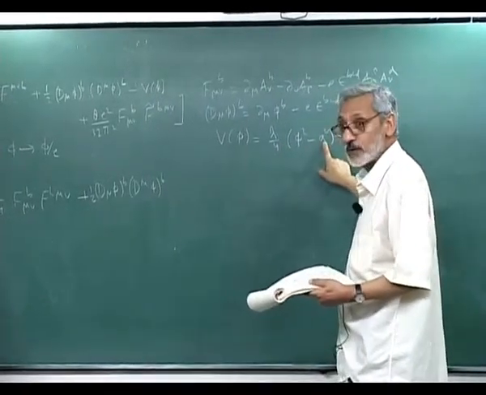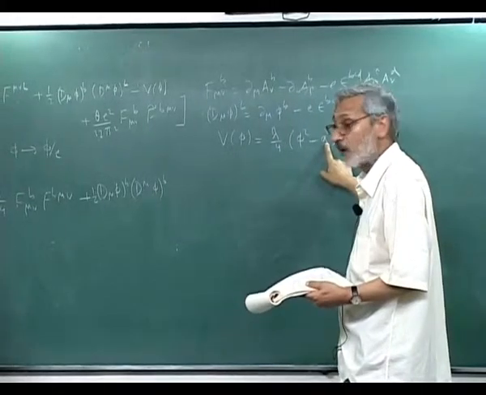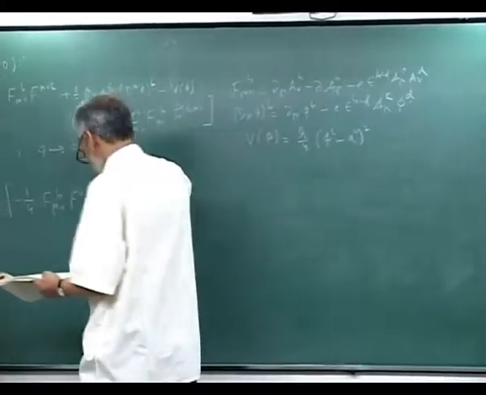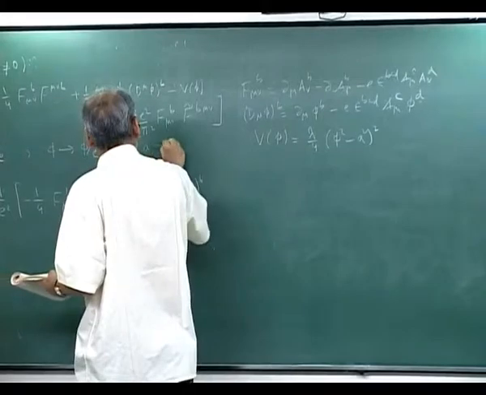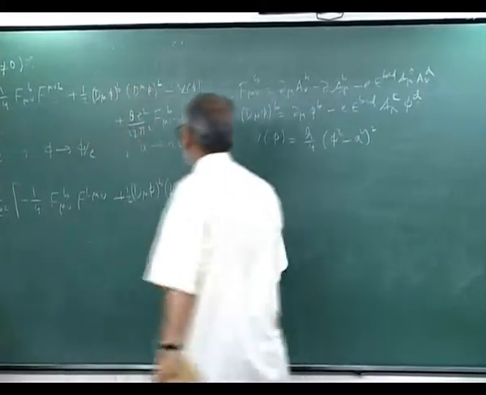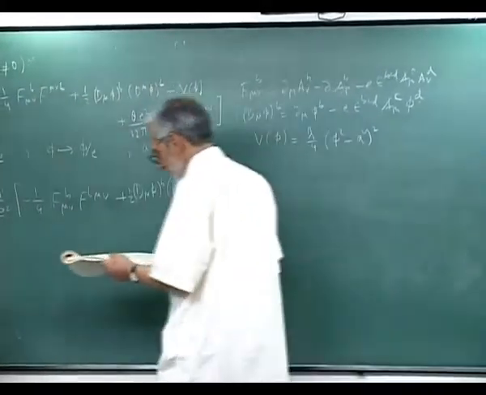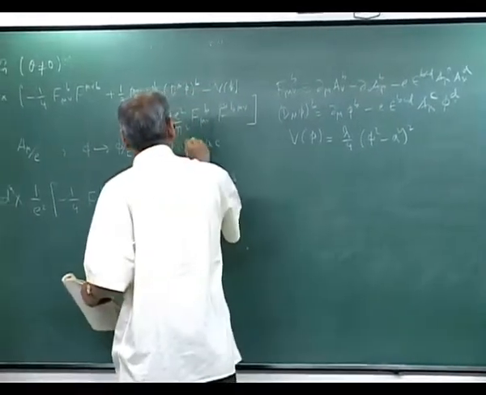But then a² will also have an e, so let me replace a times e by a.